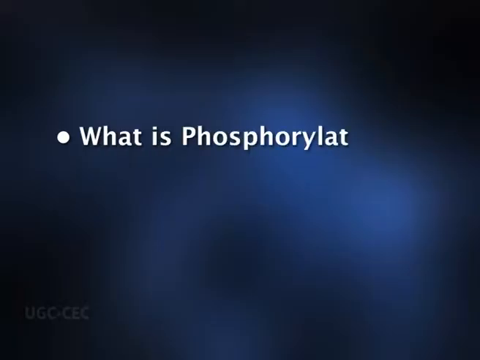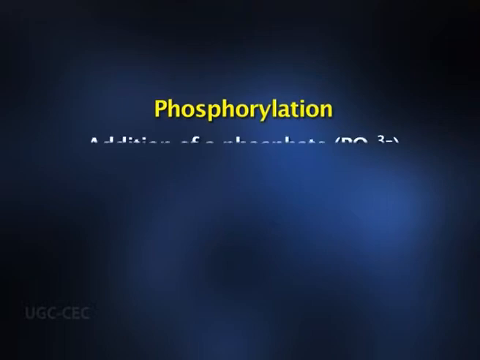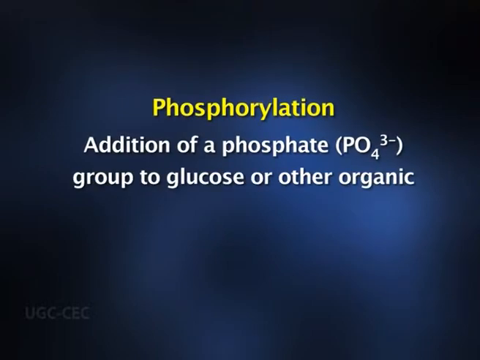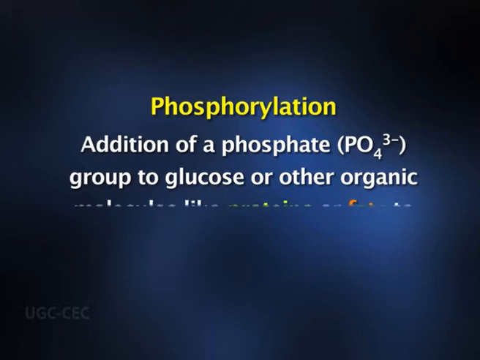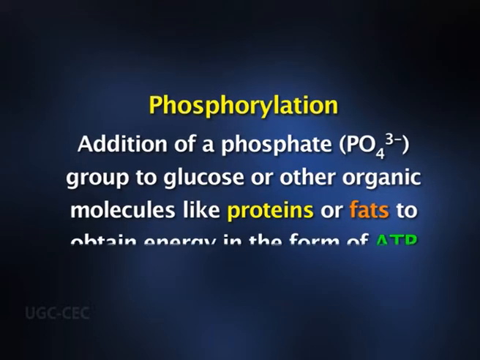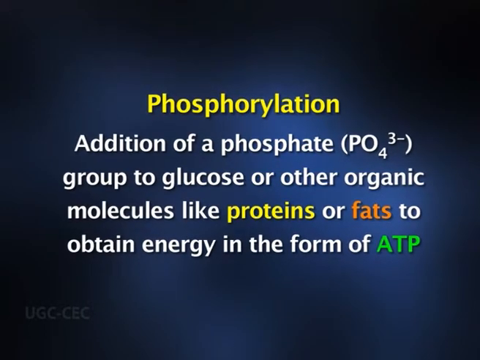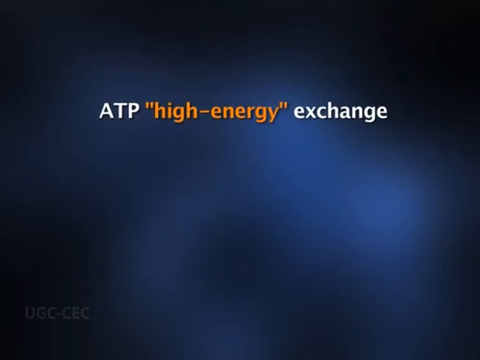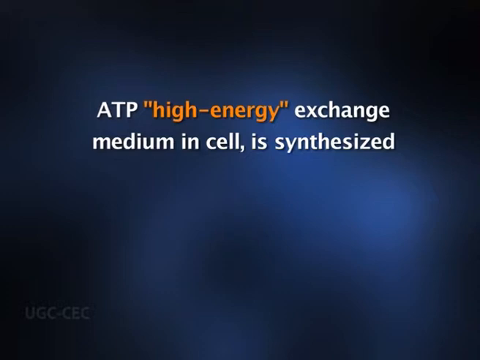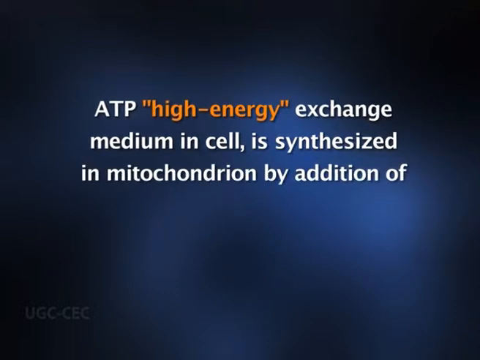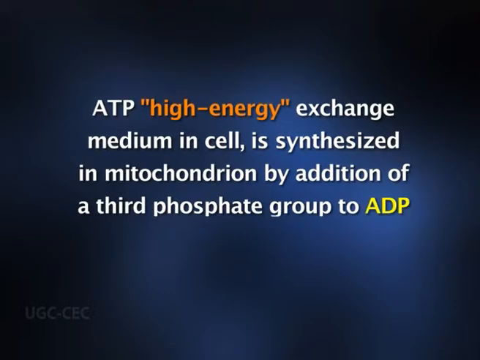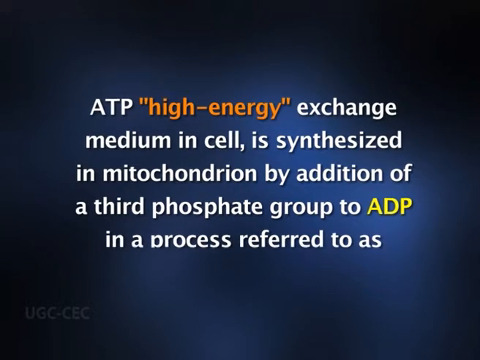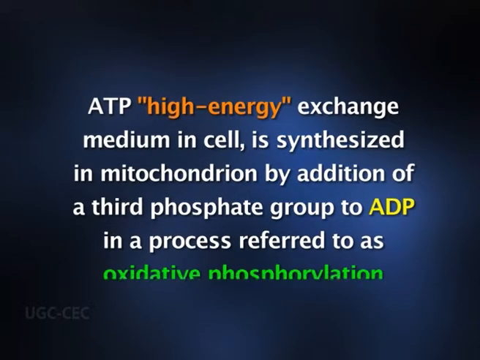What is phosphorylation? Phosphorylation is the addition of a phosphate group to glucose or other organic molecules like proteins or fats to obtain energy in the form of ATP. ATP, the high energy exchange medium in the cell, is synthesized in the mitochondrion by addition of a third phosphate group to ADP in a process referred to as oxidative phosphorylation.